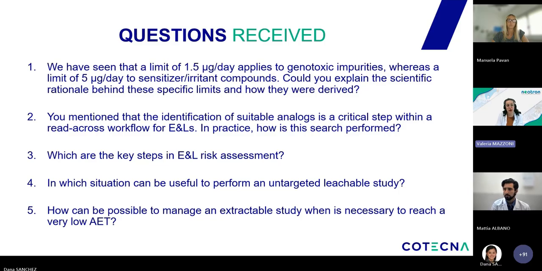If any compound of concern is revealed during this study, a toxicological risk assessment is needed to evaluate safety, and eventually mitigation and control must be implemented if any risk exceeds acceptable levels.